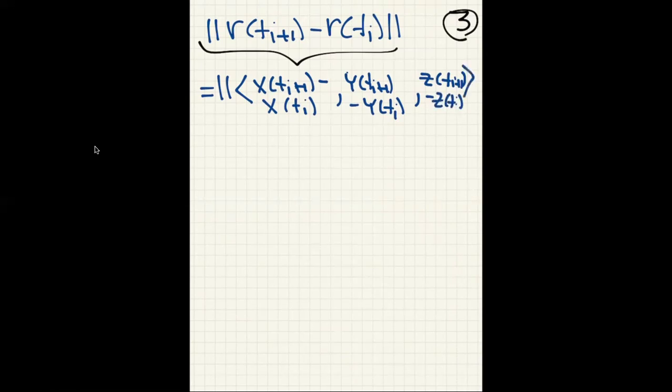I close that bracket, and I've still got that inside of a length. So that's kind of messy.